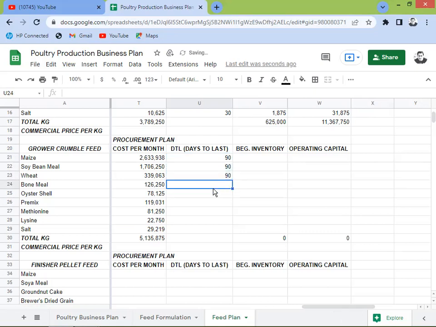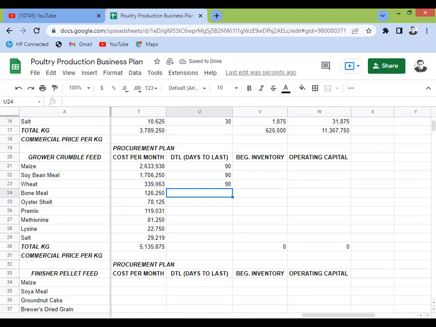But in terms of bone meal, there is a lot of local production. Bone meal actually comes from byproducts. Let's say you're going to debone the broiler chicken, the whole chicken, frozen or fresh. You're not going to throw the bones away in the garbage. You're going to sell the bones, and they're going to grind them to convert them to meal, because these bones are going to be mixed with feeds.